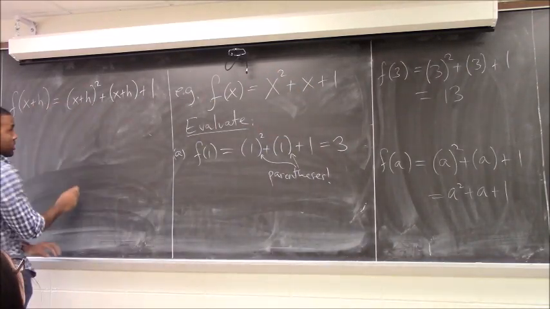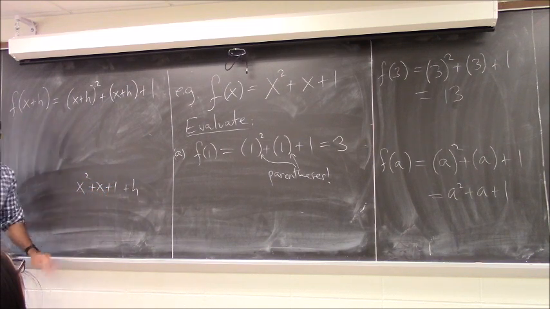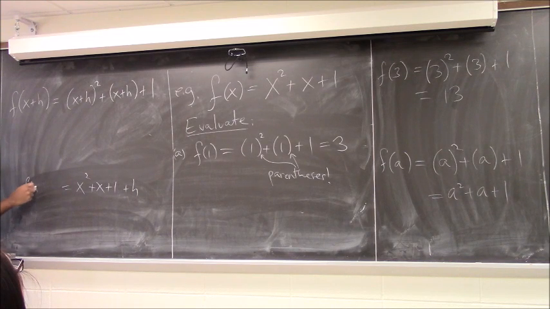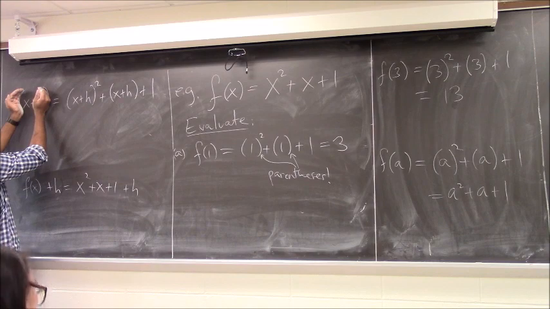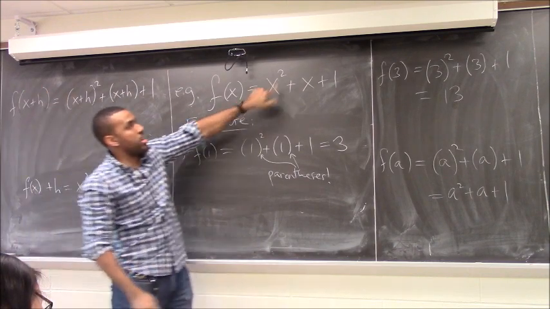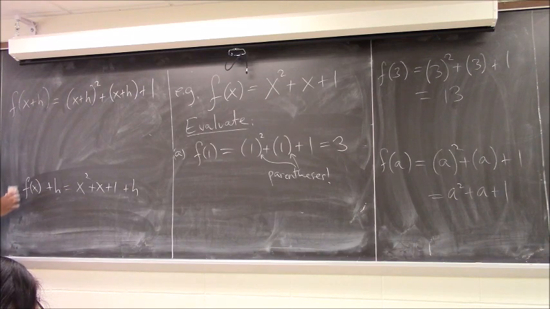A common mistake here is for students to just copy down the exact same thing and then add an h at the end. That is not f of x plus h. There's a difference if the parentheses is here versus here. Just adding an h to the end is not how you calculate f of x plus h. How functions work is whatever I put in the parentheses here replaces every instance of the independent variable in that formula that we have.